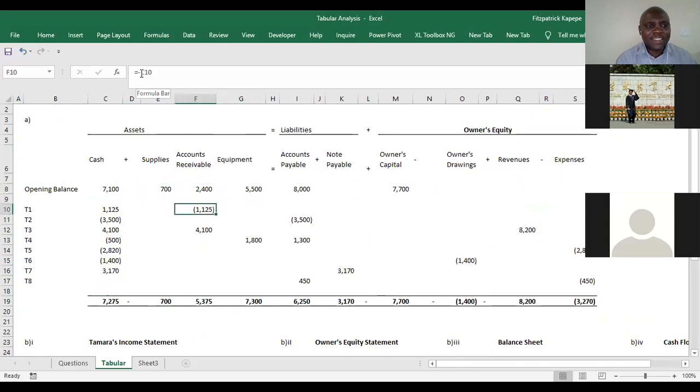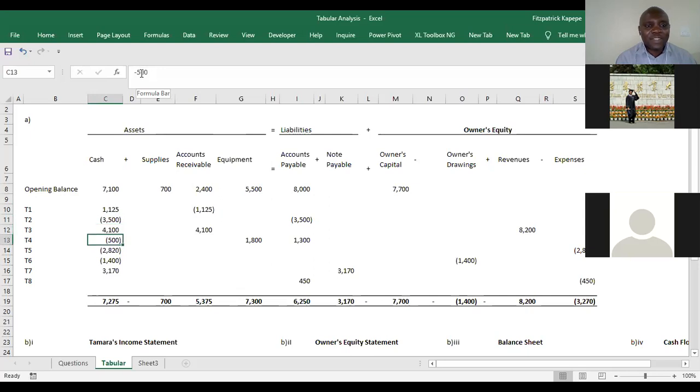Here you only had this as your cash. That is why it's coming that side. So if you check, we have taken care of 125. We have taken care of 3,500. Did we? Yes, we did. We have taken care of 4,100, which is coming as cash receipts.